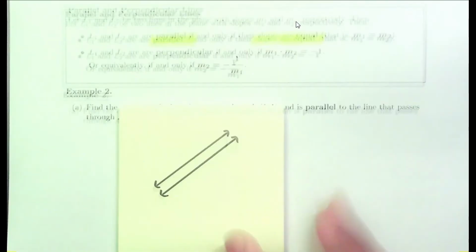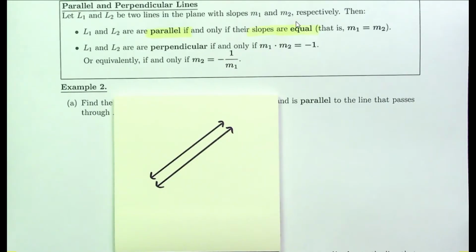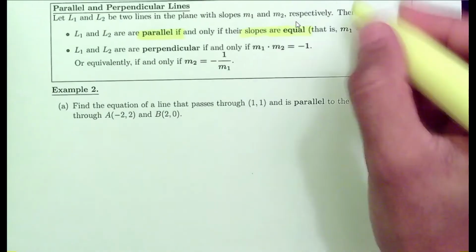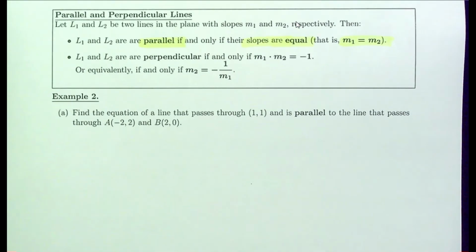And that makes sense because if they're parallel, they really do have the same inclination. And if the slope is a measure of the inclination, then that number should be the same. So that's easy to remember, okay? If 2 lines are parallel, they're going to have the exact same slope.